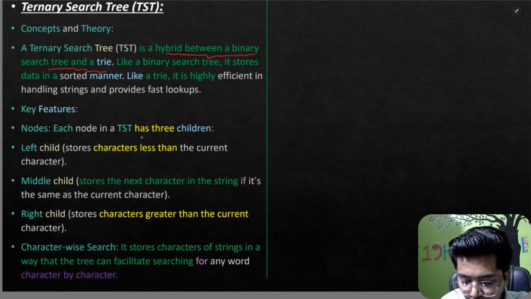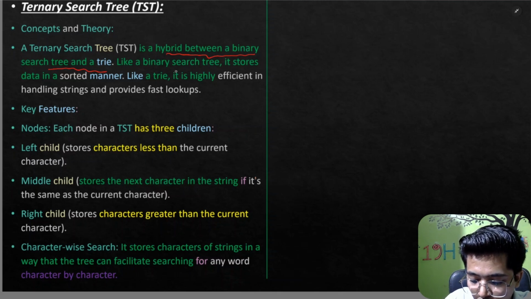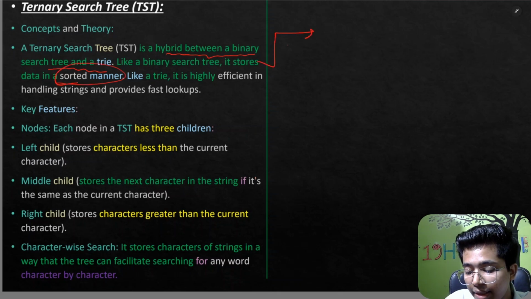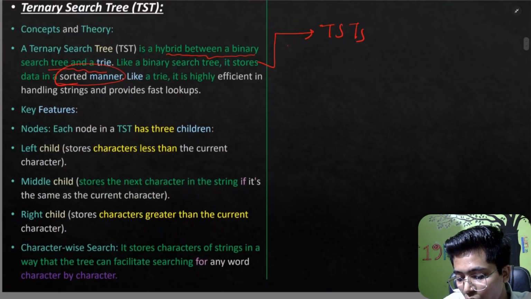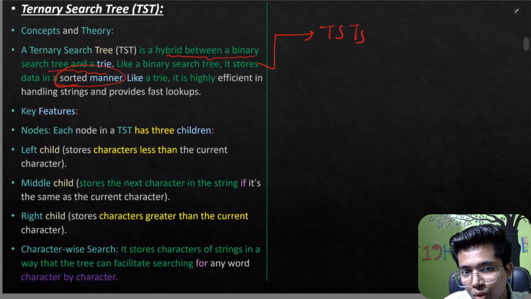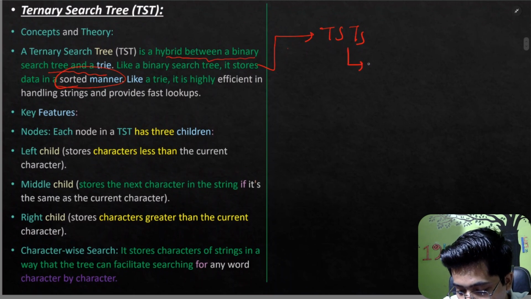Key features: each node, like a binary search tree, stores data in sorted manner. That means TSTs store data in sorted manner.